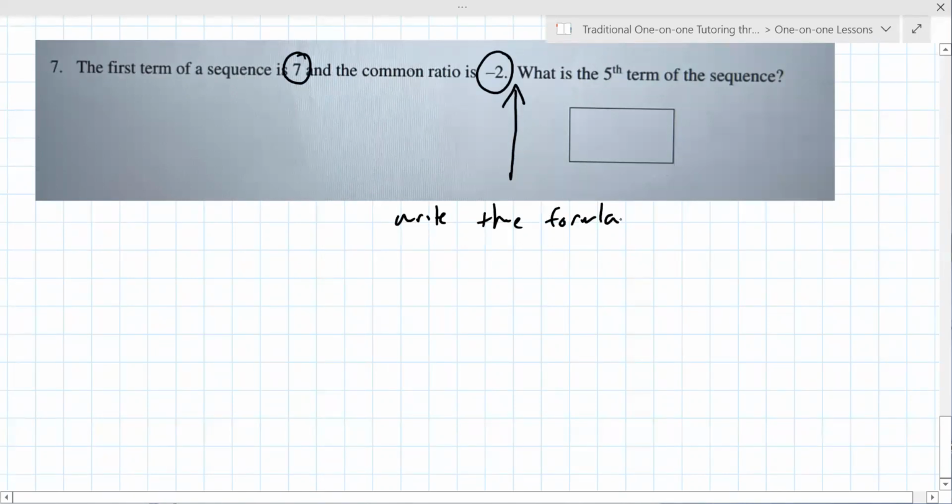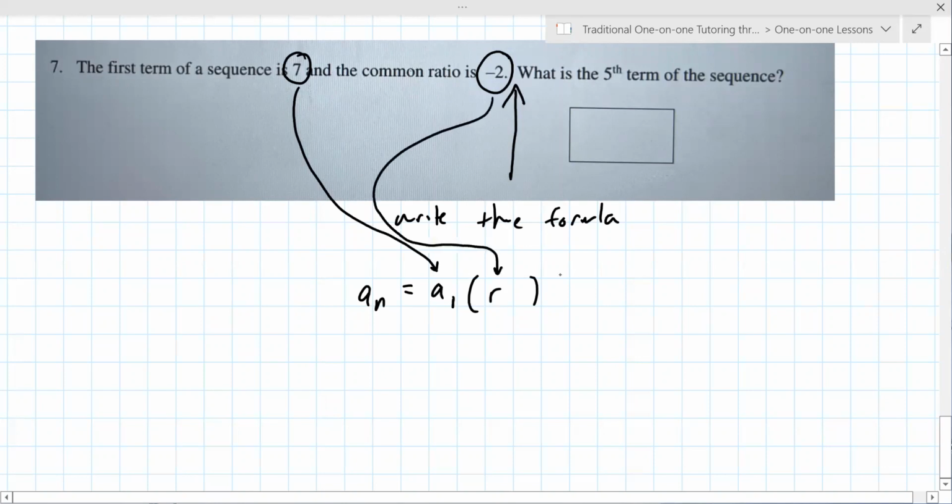The formula is A1, the first term, which is what they just gave you, times the ratio, which they also just gave you, to the power of n minus 1. So in this first sentence, you as the math student have to recognize it's this formula, and they're giving me the 2 numbers that I need. All you have to do now is substitute those numbers into the formula.